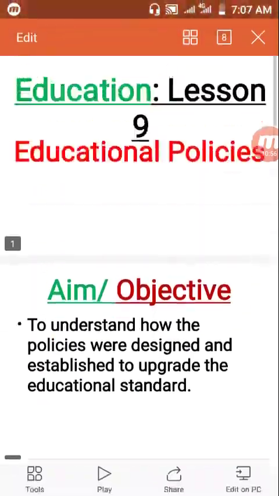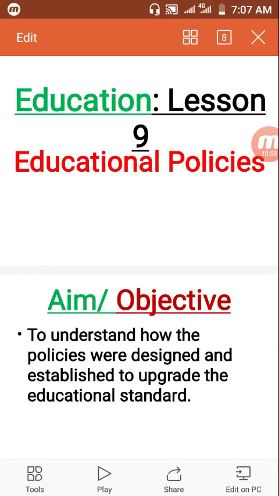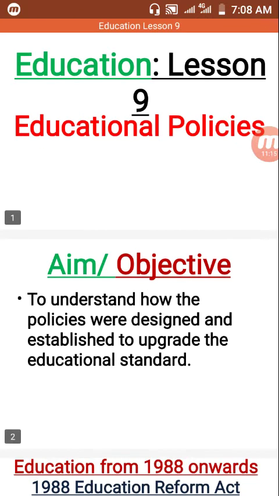And what was the question? The assignment for that one? Note down here: what are educational policies? Here you have to define the 1944 Act, then 1988, then 1970, and the overall picture.